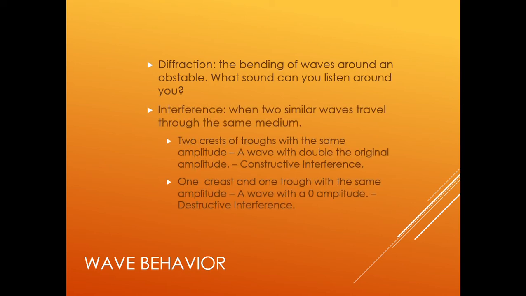We also have interference, when two similar waves travel through the same medium. So let's go back to the example that I gave you about someone talking around the corner. And let's imagine that now two people are talking at the same time. What happens is that the sounds of their voices are going to be mixed up.